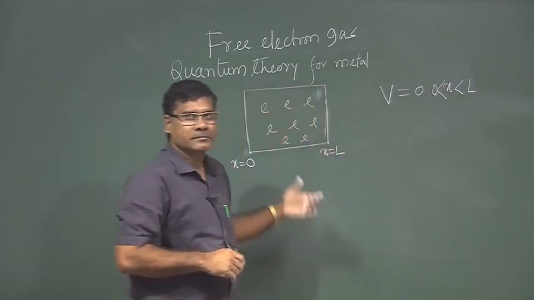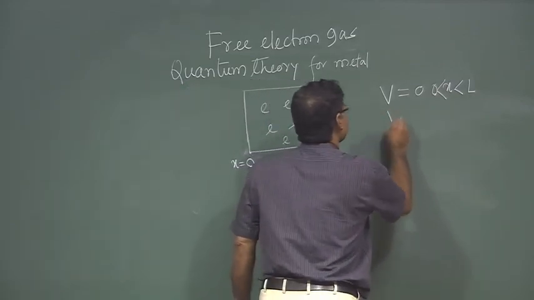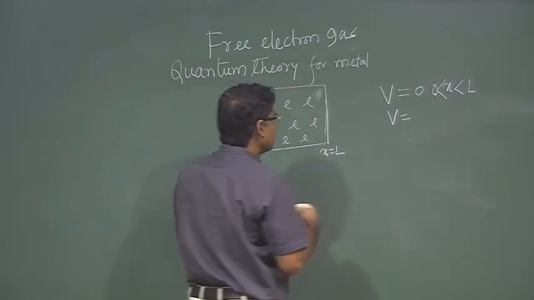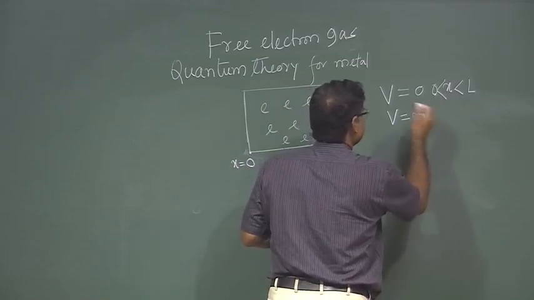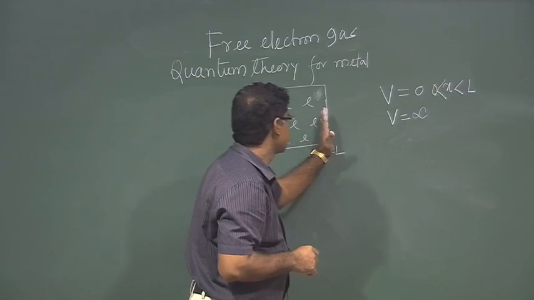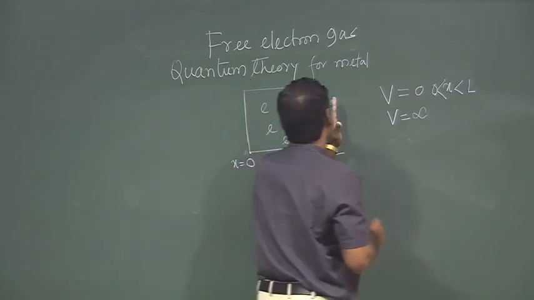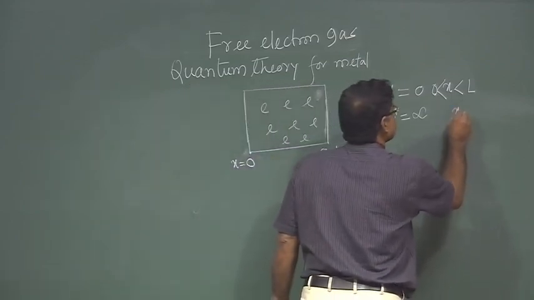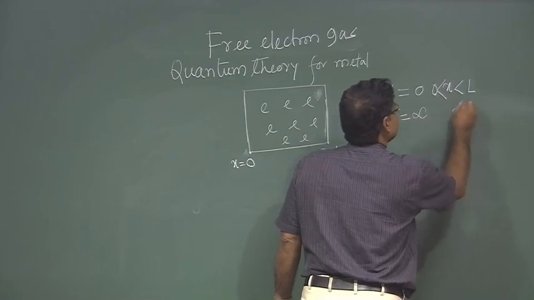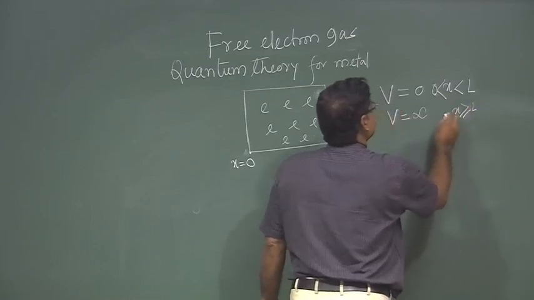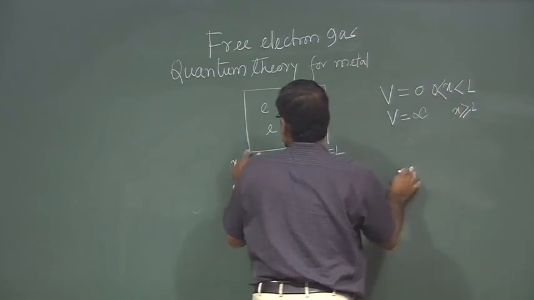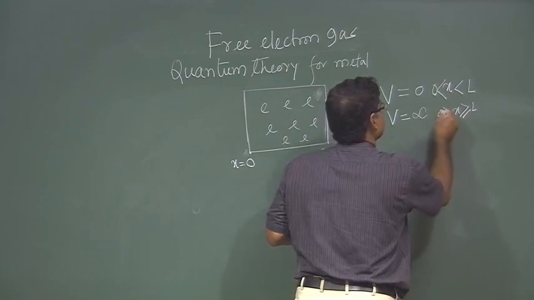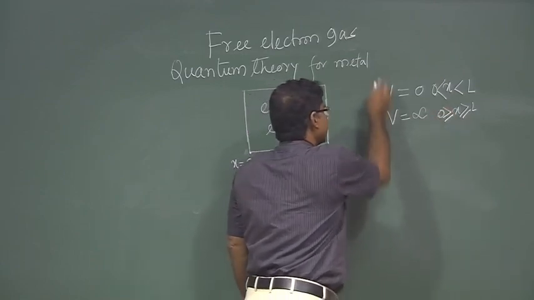And the potential energy is very high, for convenience we generally take infinity, when it is just outside of this box, or just on the surface of the box. So, when x is greater than or equal to L or less than or equal to 0. So, this we have.